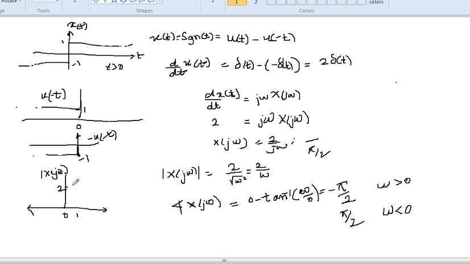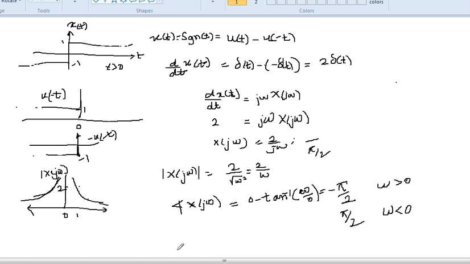When omega is equal to 2, its value is 1. When omega is equal to 3, 2 by 3. So the graph decreases in this fashion on either side, but its value is infinity at omega equal to 0, which cannot be shown. And at omega equal to infinity, its value would be almost 0.